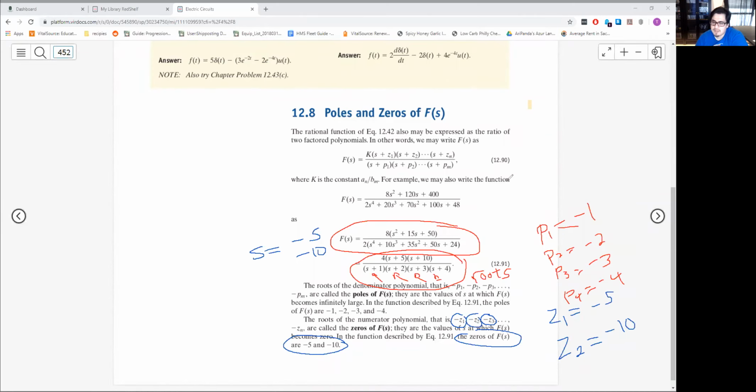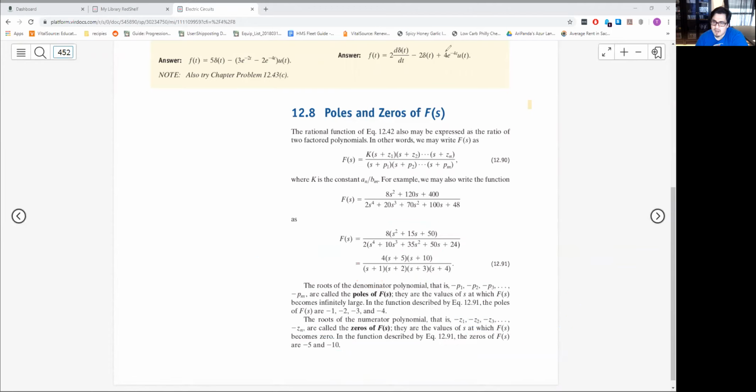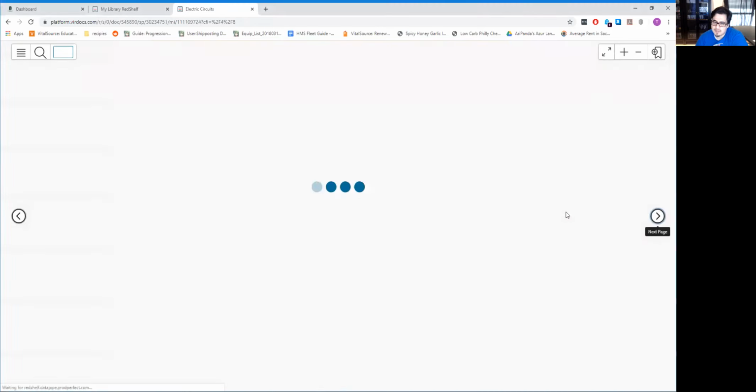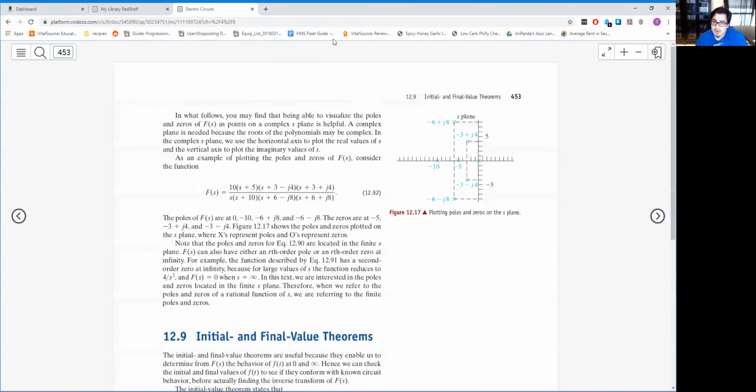So coming over here, that's done. You could go a lot bigger, where you have a more complex function. In this case, we have imaginary poles and zeros, which are perfectly fine. You will see those, so all you gotta do is keep track of them. One handy thing is you can always plot them on the XY plane right here.